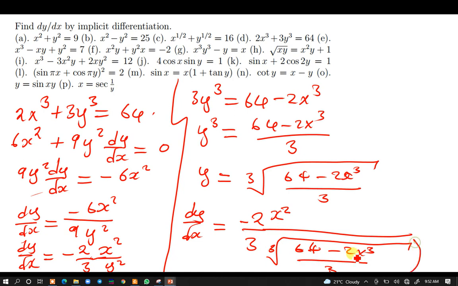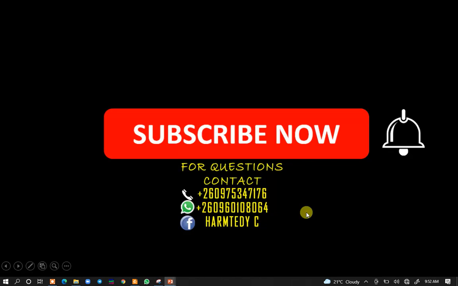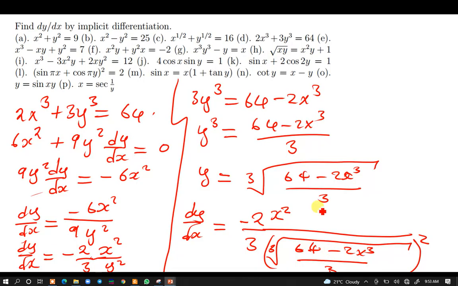But of course this has to be squared, because y is squared here. So this is the solution for dy dx. So implicit differentiation, if you're just practicing, it becomes easier and simpler the more you practice. Okay, so let's move on to the next question.